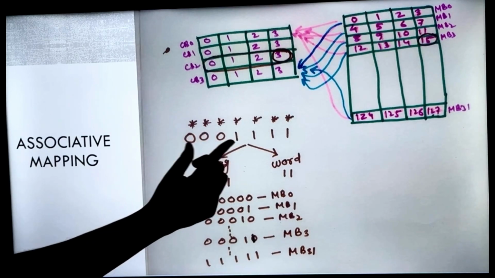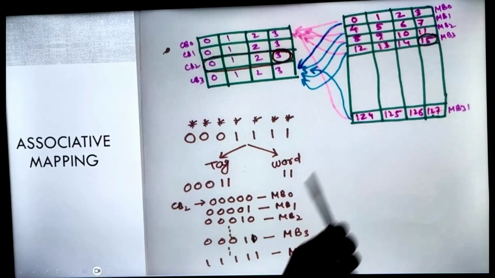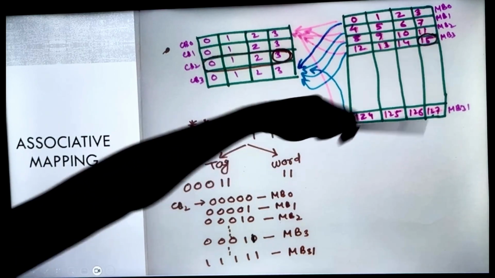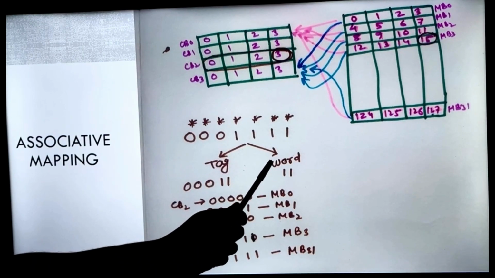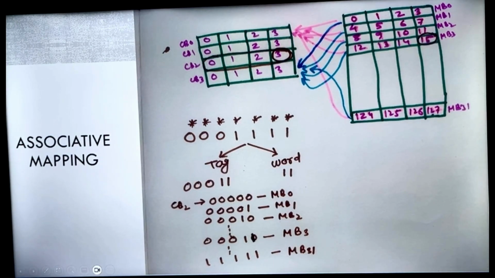So what is the code here? 00011. 00011 means MB3. See here, MB3, 00011. And which word am I looking for? Word number 4, the last word. So this is how it works. I hope associative mapping is clear to you.